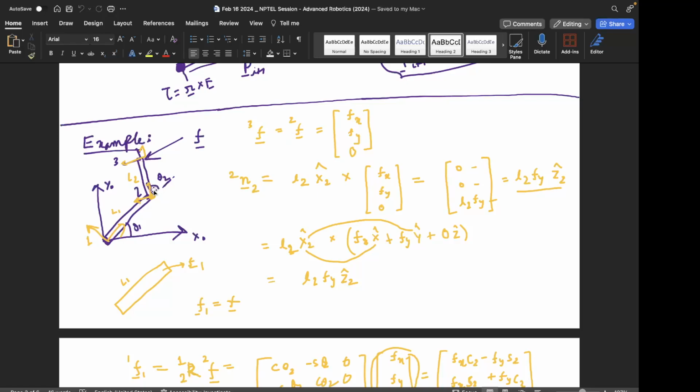The moment acting on joint 2 is N2 here, and the notation, which I will recapitulate, is that the subscript on the right hand side denotes the joint I am talking about. So N subscript 2 is the joint torque at joint 2. And the superscript on the left hand side is the frame in which I am describing or writing that vector.